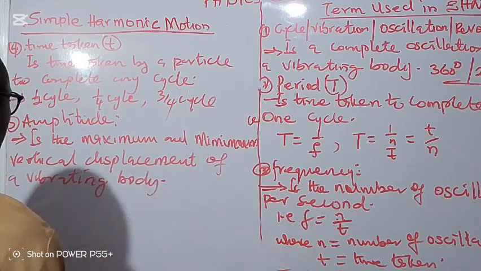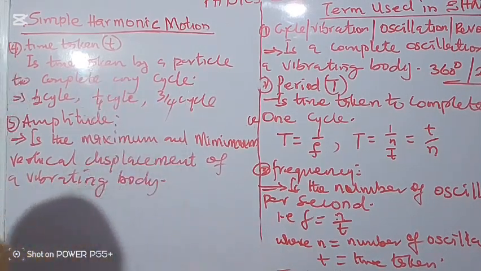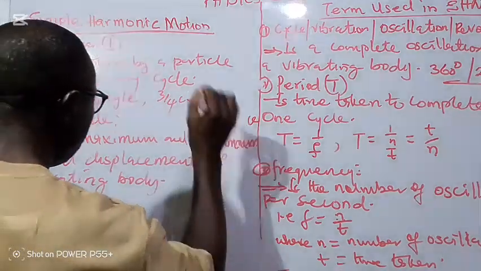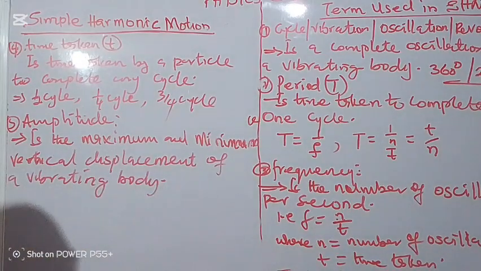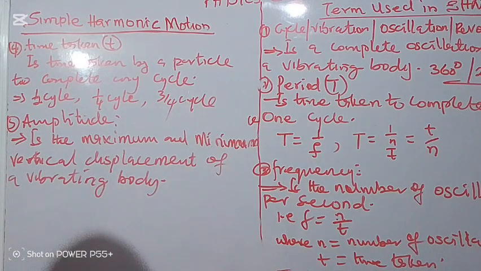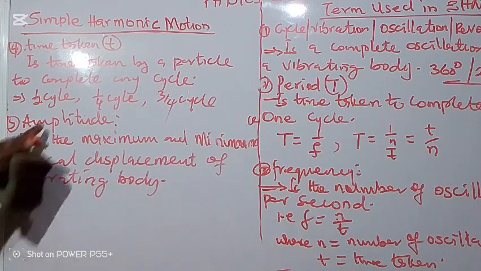That is, the minimum and maximum particle displacement of a vibrating body is what is meant by amplitude.